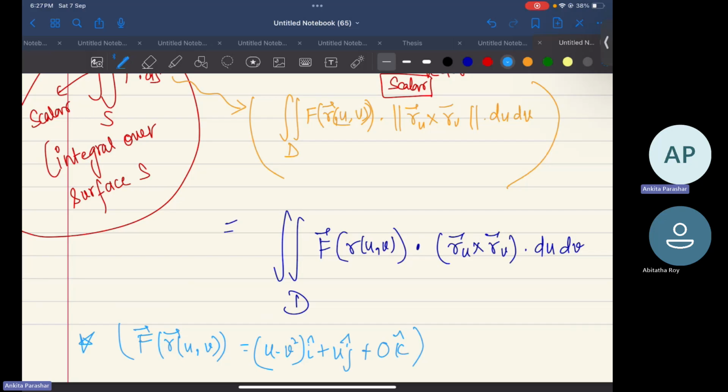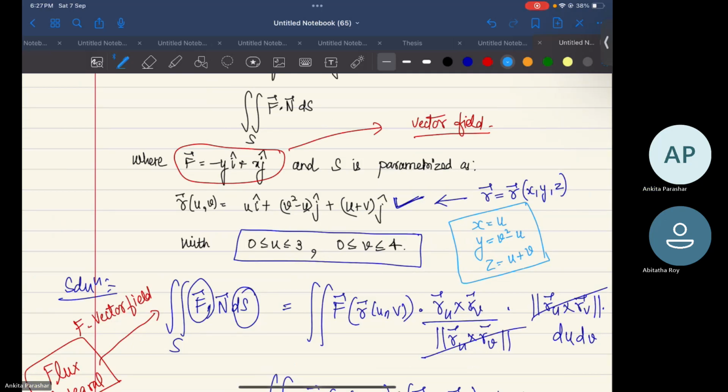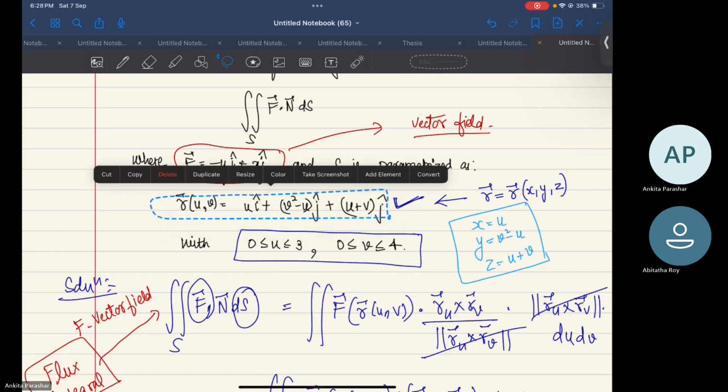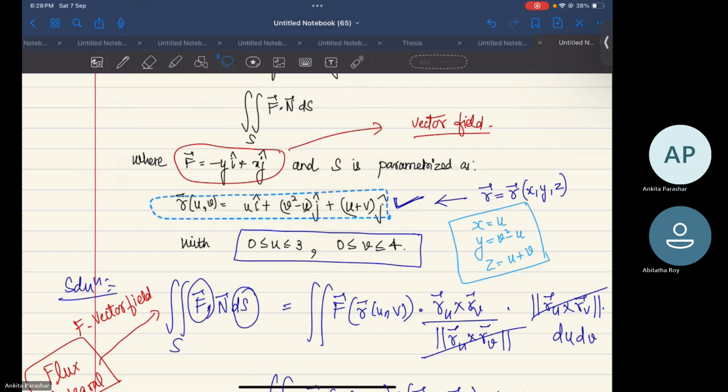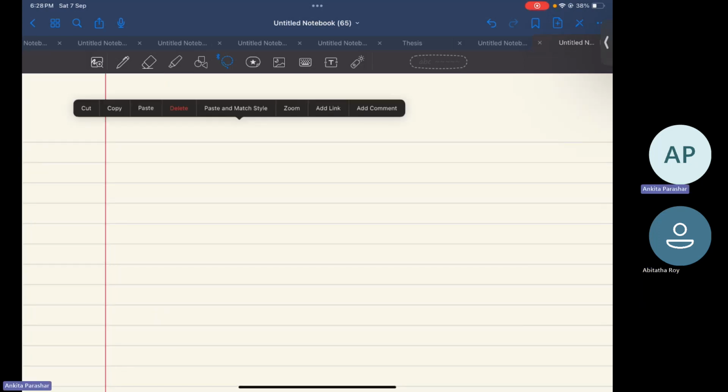Can we compute R_u cross R_v? Let's look once again at what R is. R(u,v) is u i cap, v square minus u. I'll just copy and do it on the next page. The dot product is giving a 0. Is that so?